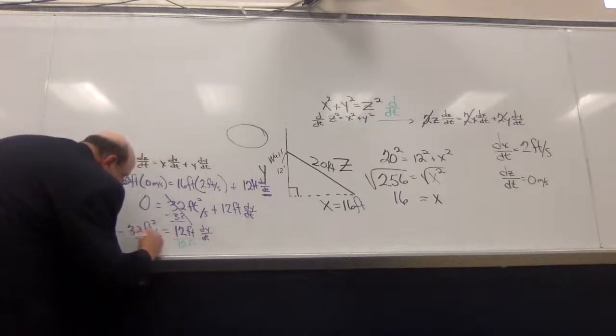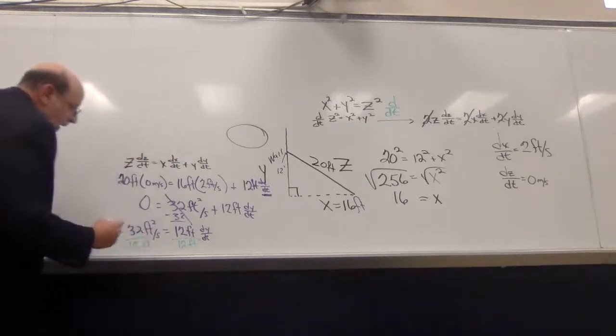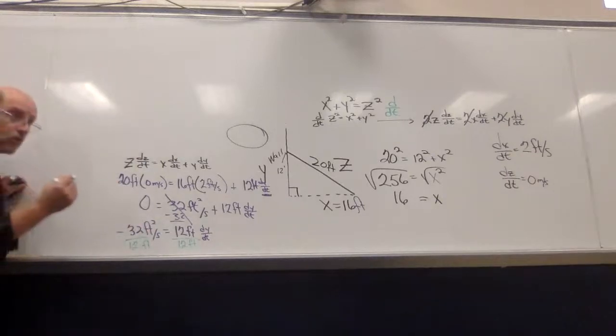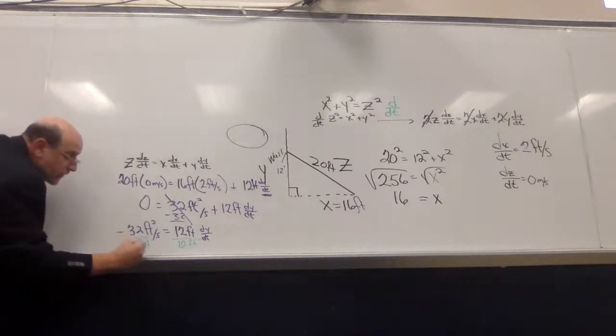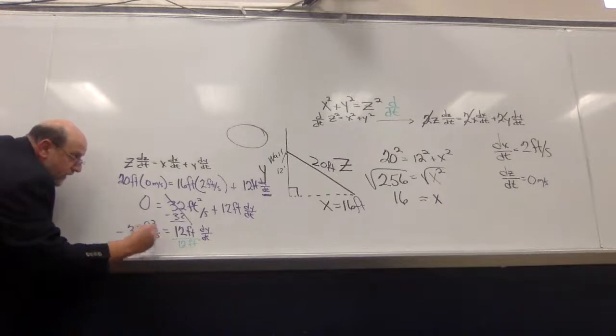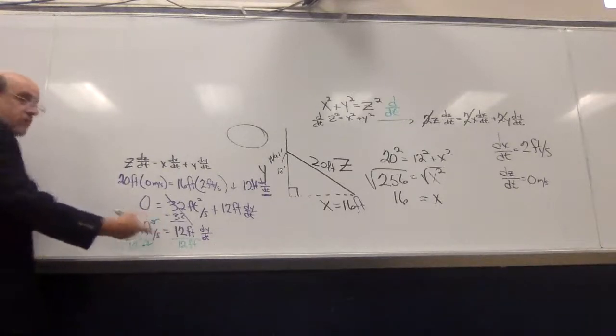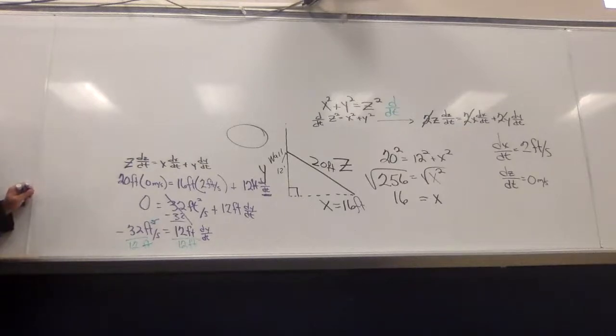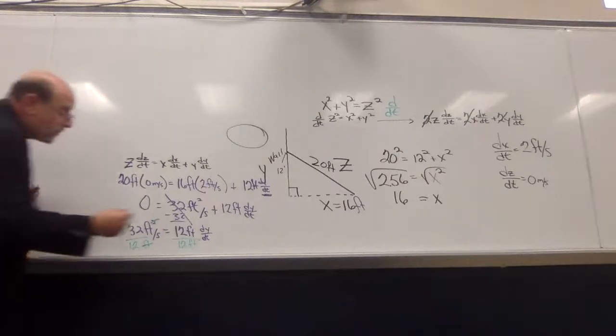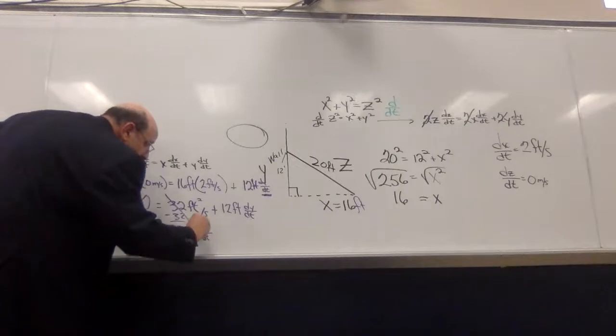Now, this is the cool thing, the physics piece of the puzzle. This feet cancels out with one of those feet, so we're still going to have feet per second when we're done, which is exactly the type of unit we're looking for.